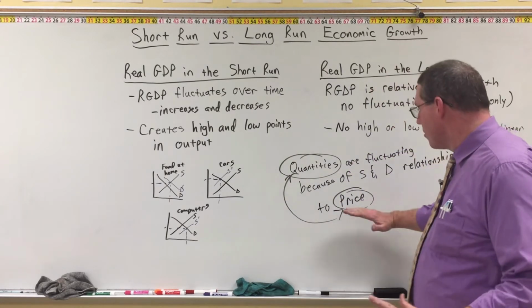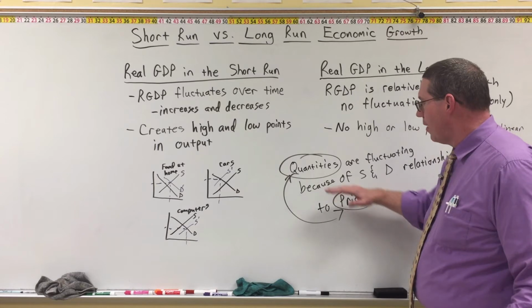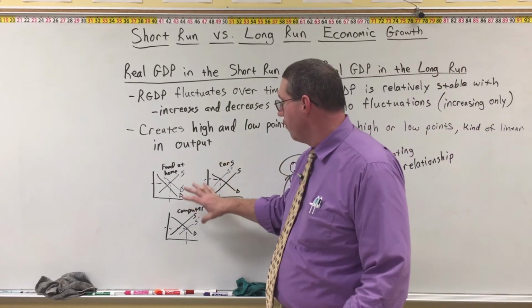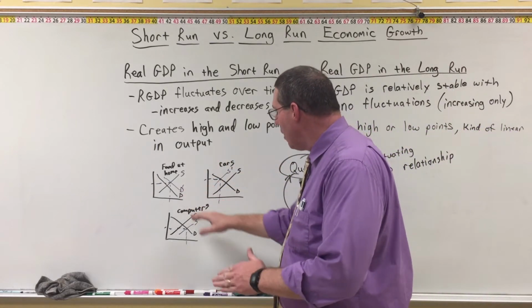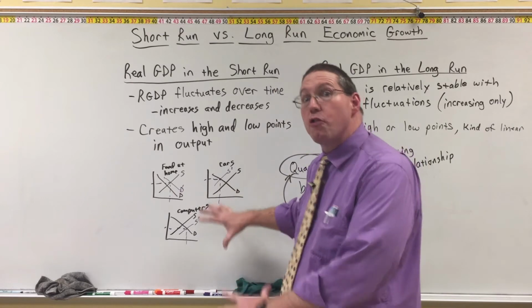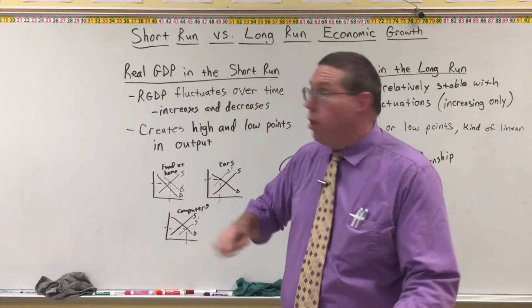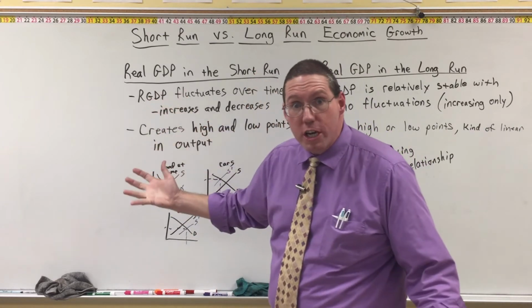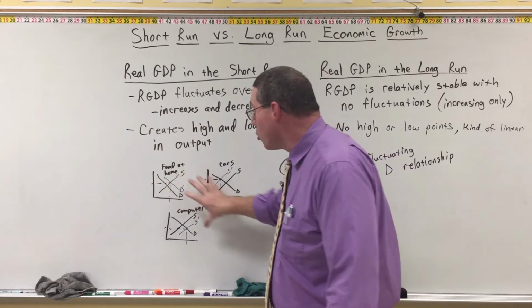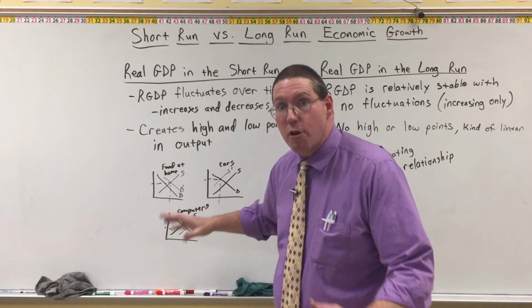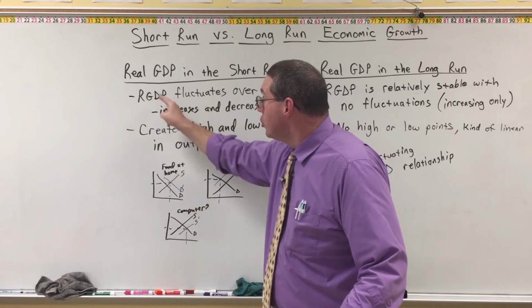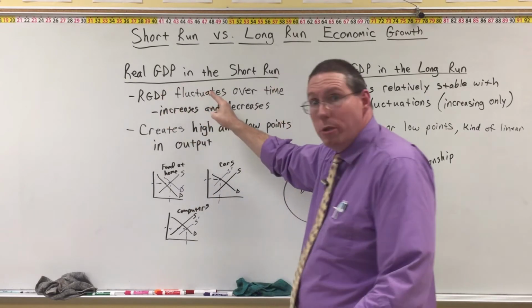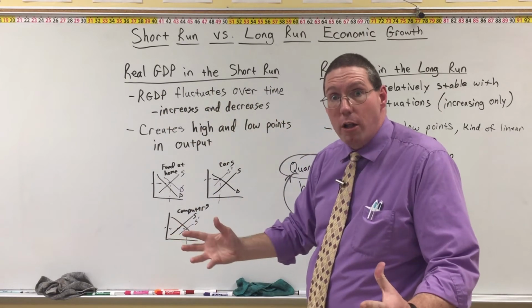So because prices are fluctuating and then quantities in all of the markets are fluctuating, if you add up all of the quantities of stuff, you get all of the stuff, which is real GDP. So, since the quantities in the individual markets are fluctuating, real GDP itself is going to fluctuate in the overall economy.